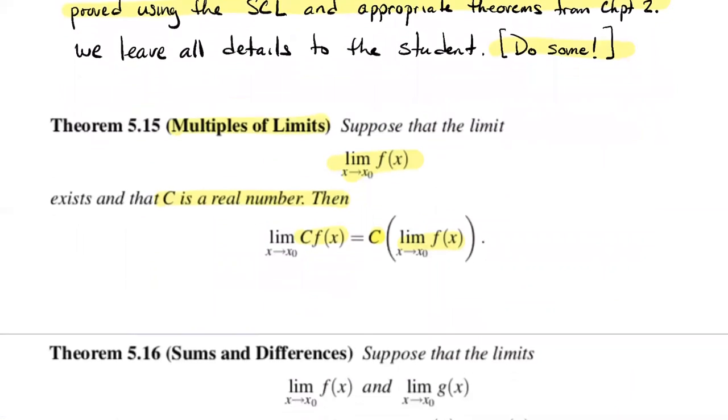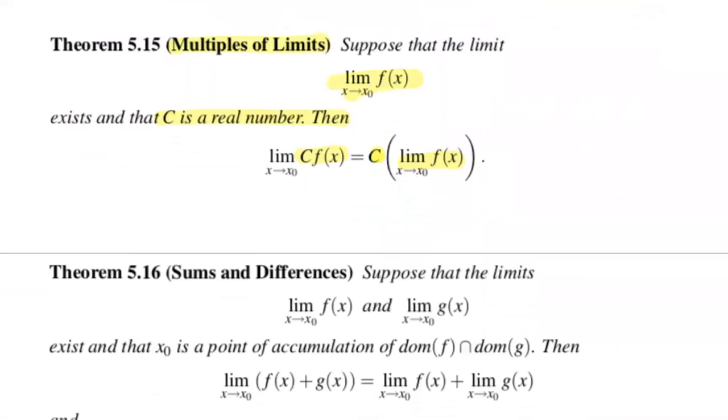Nice. A second theorem that we looked at: sums and differences. For sequences, you take two convergent sequences. If you add or subtract them, the resulting sequence converges to either the sum or the difference. Well, the same is true for functions. So if you take two functions f and g, they both have limits, and you take an accumulation point, here you have to be a little bit careful. This has to be an accumulation point of the domain of both f and g.